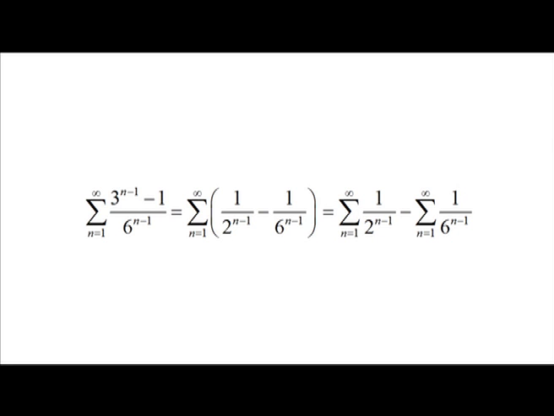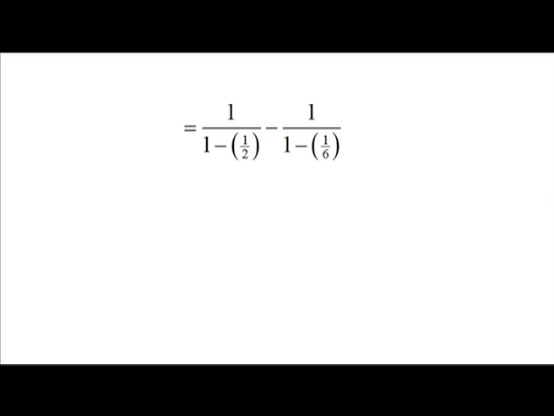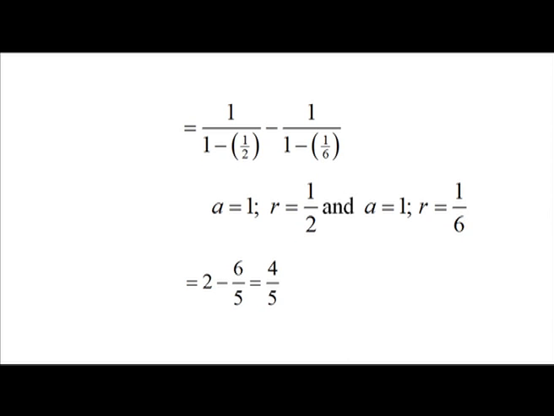Using the difference rule, this is equal to summation 1 upon 2^(n minus 1) minus summation 1 upon 6^(n minus 1), which is equal to 1 upon (1 minus 1 upon 2) minus 1 upon (1 minus 1 upon 6), as each is a geometric series with a equal to 1, r equal to 1 upon 2 and a equal to 1, r equal to 1 upon 6 respectively. This is equal to 2 minus 6 upon 5, which is equal to 4 upon 5.